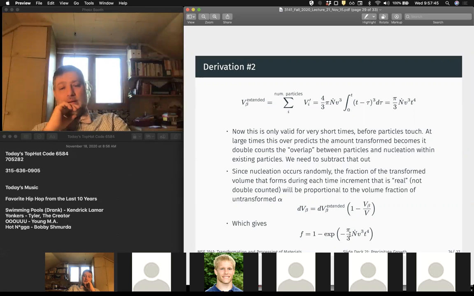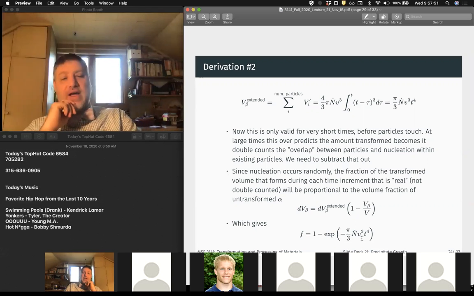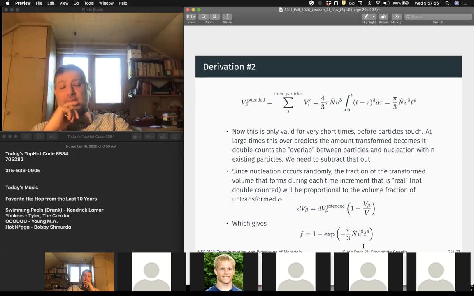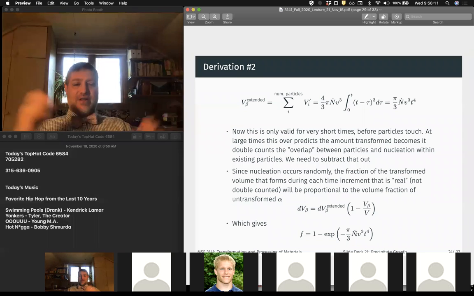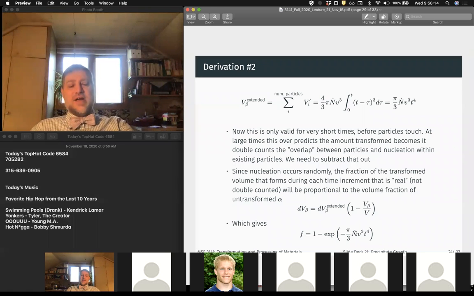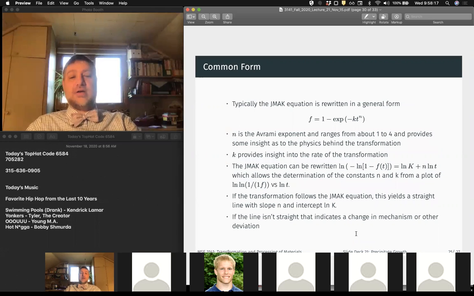So the shape factor, nucleation rate, and growth rate all get wrapped up into K. Remember, we don't have any physical way of separating out whether our change in volume fraction is because we have a whole lot of particles or one particle that's just growing really fast. There's no way to separate that out in this framework. So n tells us something about the physics of the transformation. K tells us the rate.